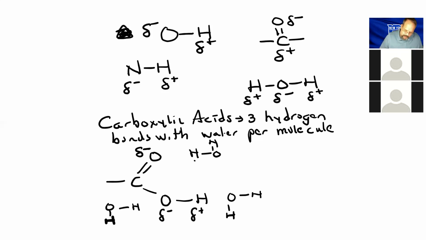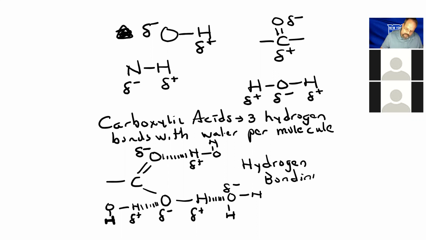Each oxygen separately is going to be attracted to a hydrogen of water, and the hydrogen of the OH in the carboxylic acid is going to be attracted to the oxygen of another water molecule. And each one of these is what type of force of attraction? Each one of these is an example of hydrogen bonding.